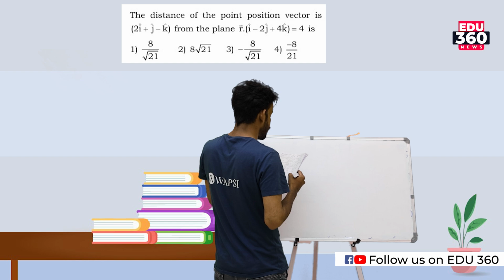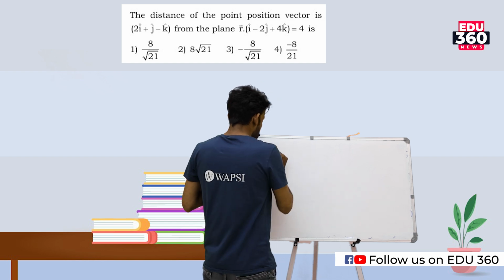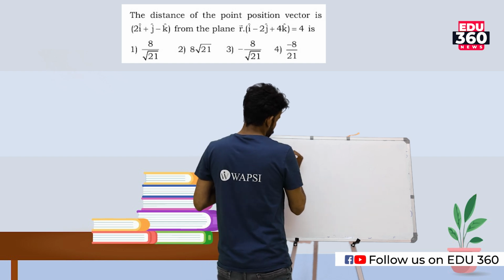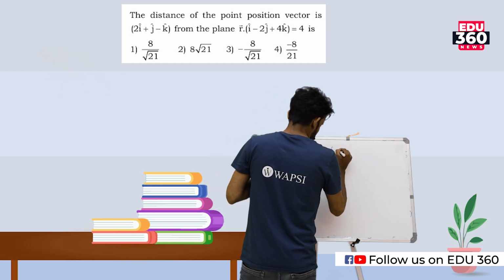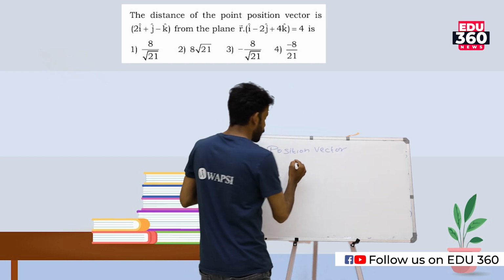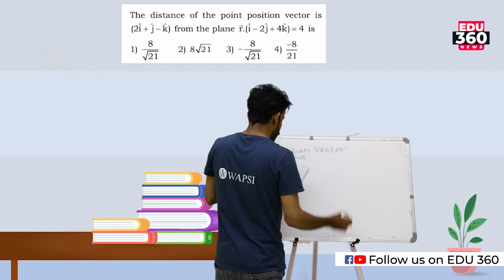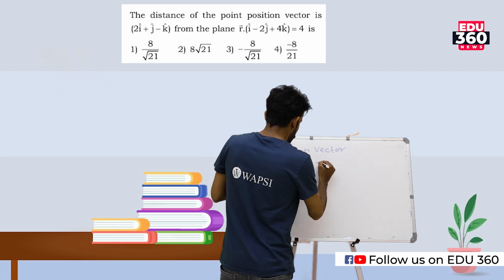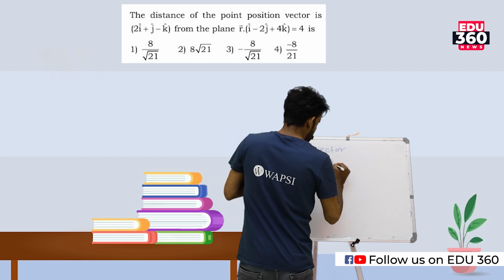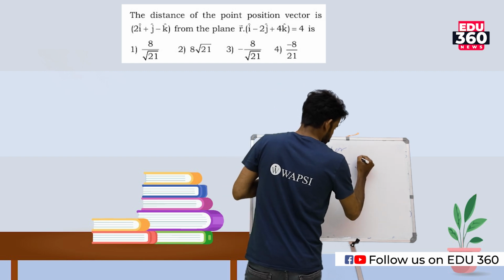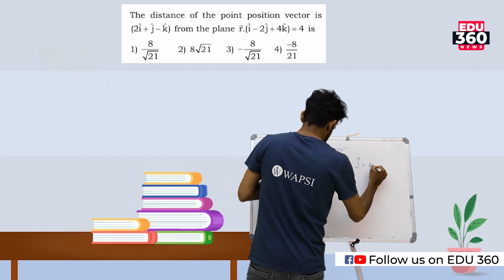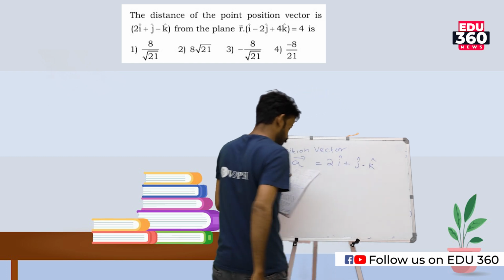First of all, we can write the position vector, that is A vector, equal to 2i cap plus j cap minus k cap.